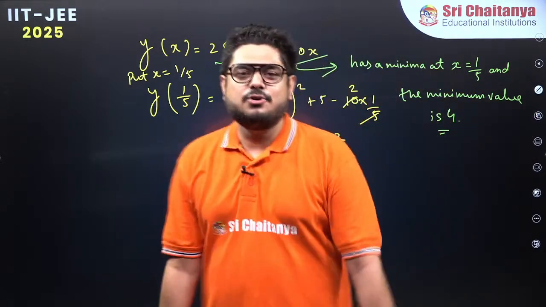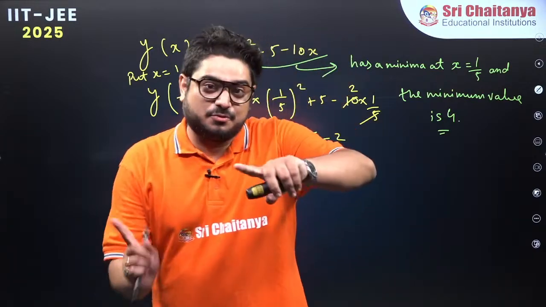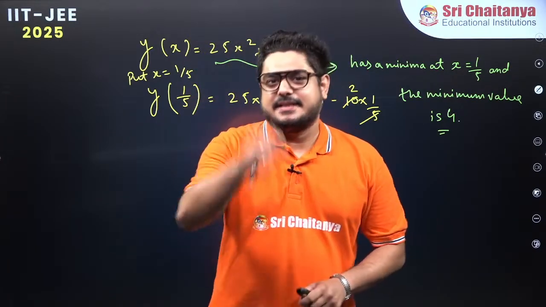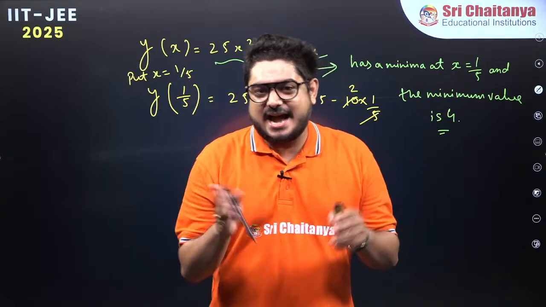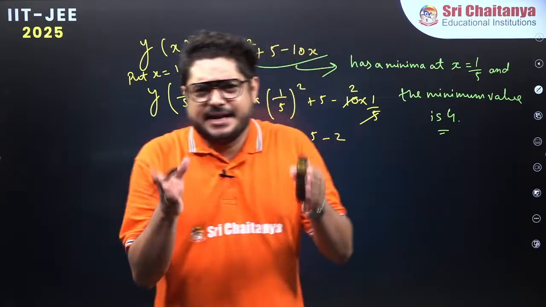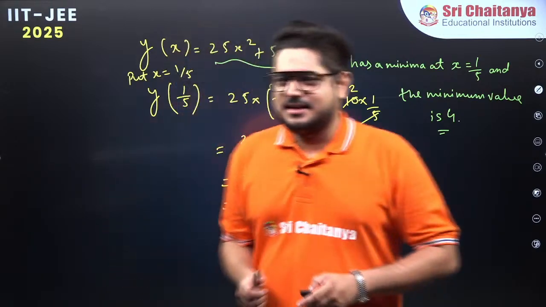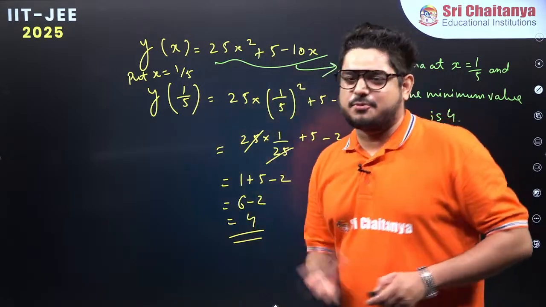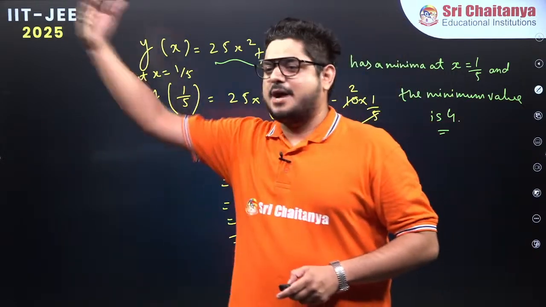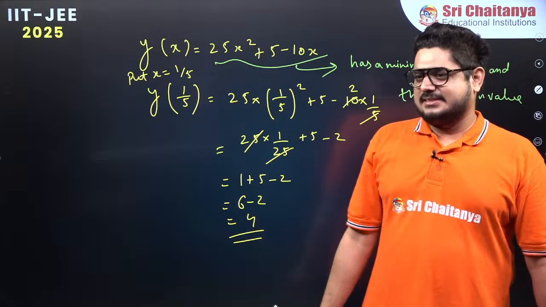So that's how you need to write it down. So there are two things. At which point the minima or maxima will exist and what is the minimum or the maximum value. So there are two aspects. You need to find it out properly. Okay, clear everyone? If yes, then we are going to be proceeding towards the upcoming question. If yes, give a thumbs up.